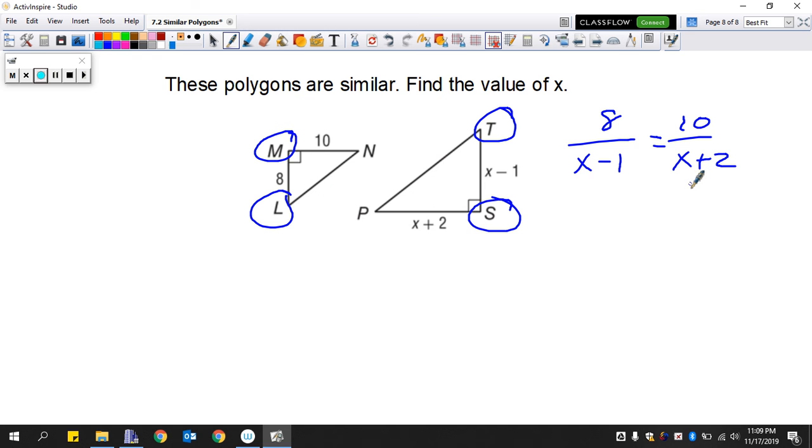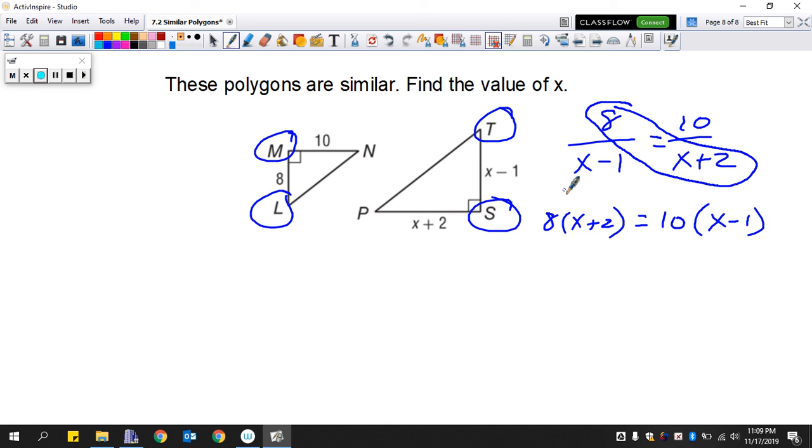All right. So cross multiply: 8 times x plus 2 is equal to 10 times x minus 1.